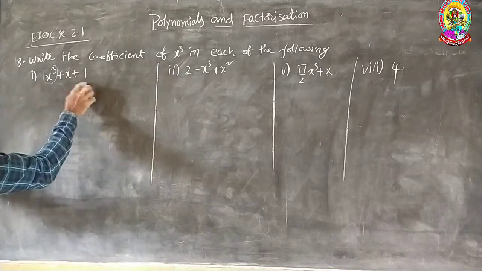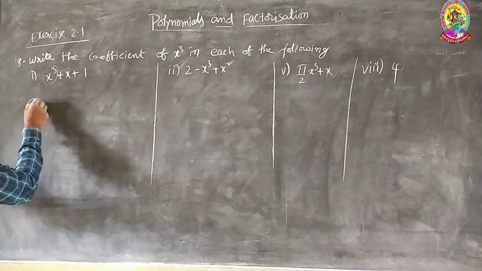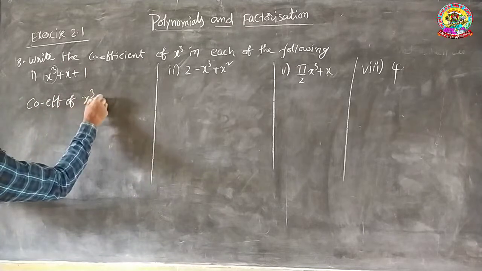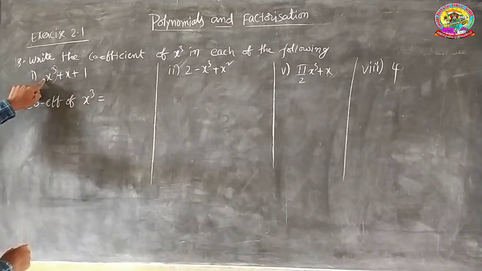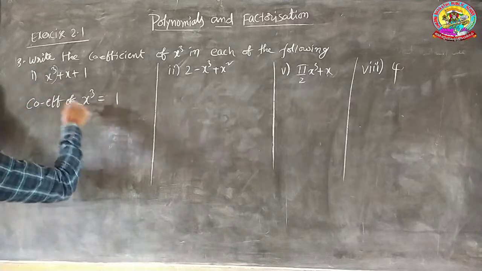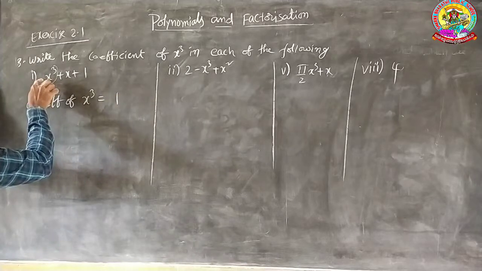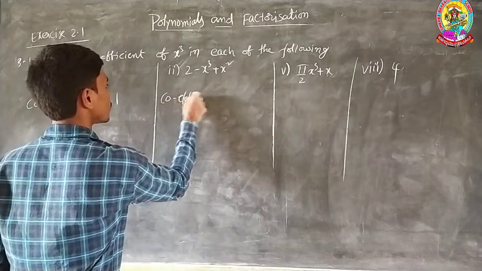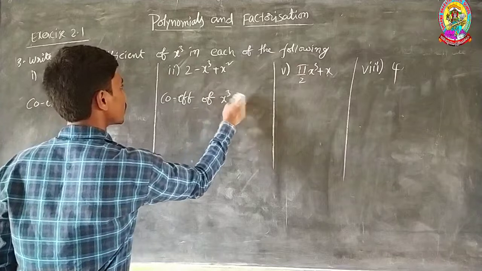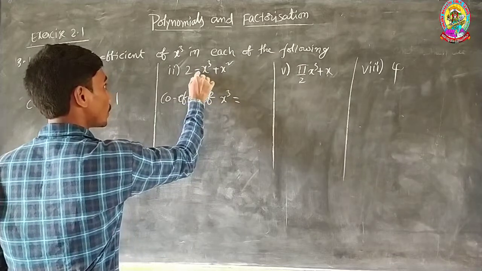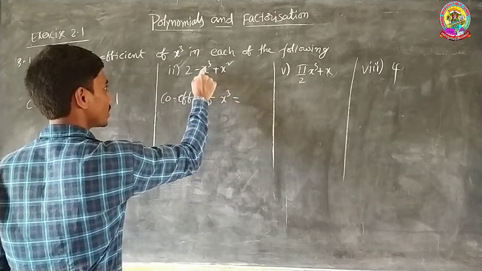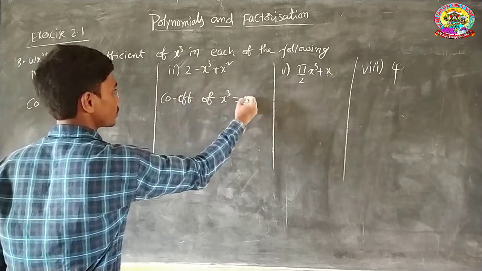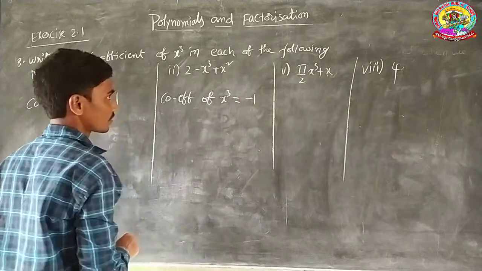The first one, x cube plus x plus 1: the coefficient of x cube is 1, because nothing is written, which means it is multiplied by 1. Next, 2 minus x cube plus x square: here x cube is multiplied with minus 1, so the coefficient of x cube is minus 1.